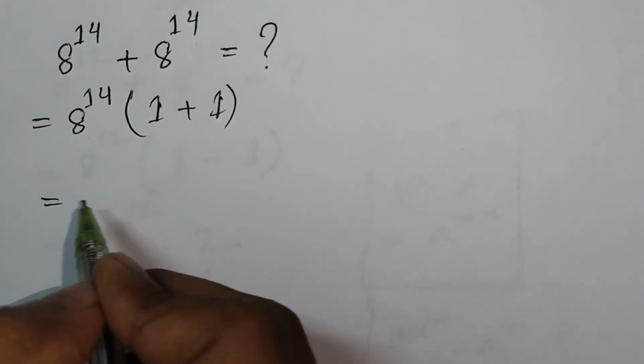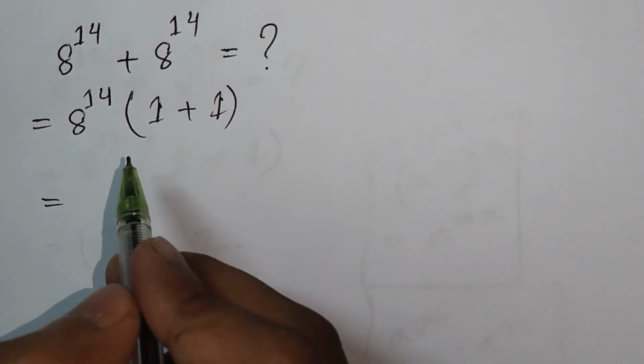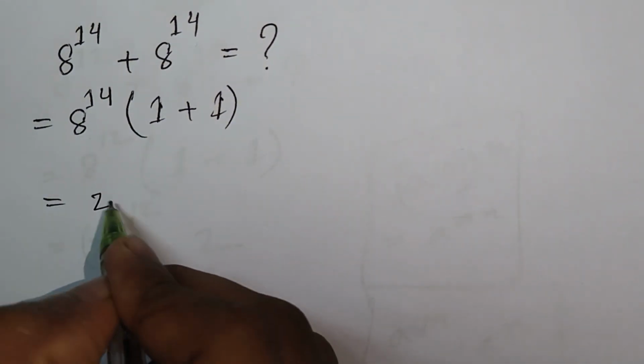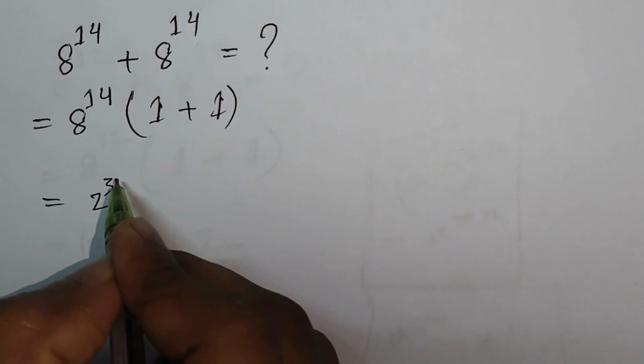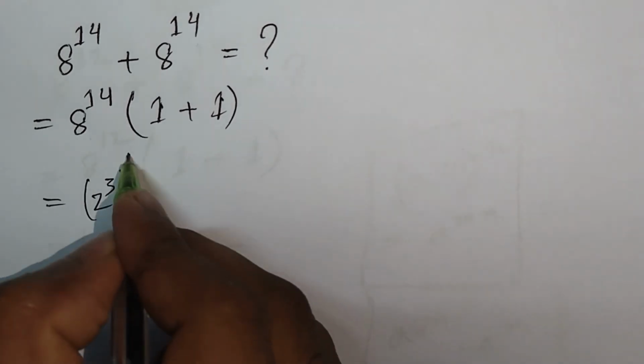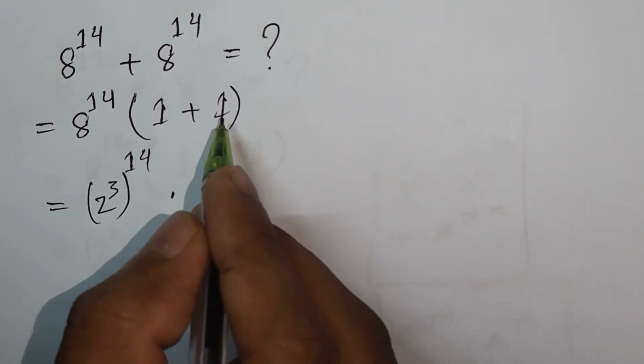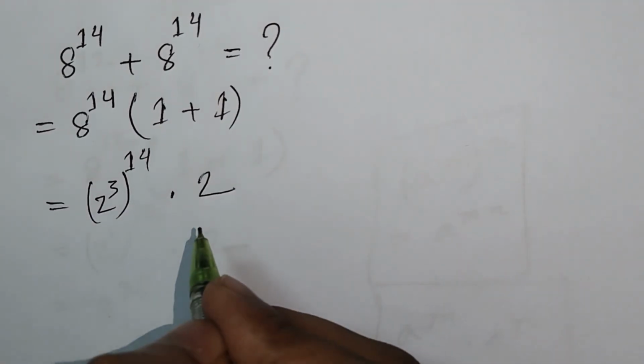So we can write here 8 power 40 is the same as 2 power 3 bracket 40 times 1 plus 1, that is 2.